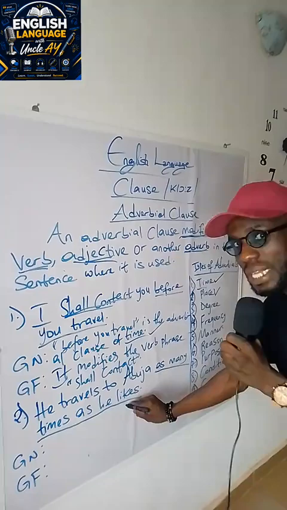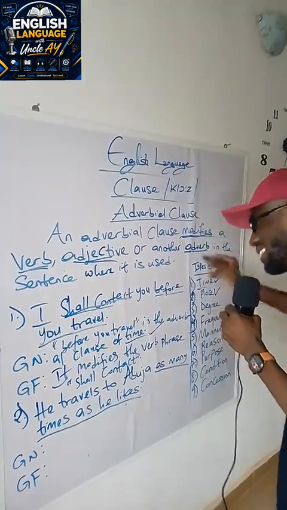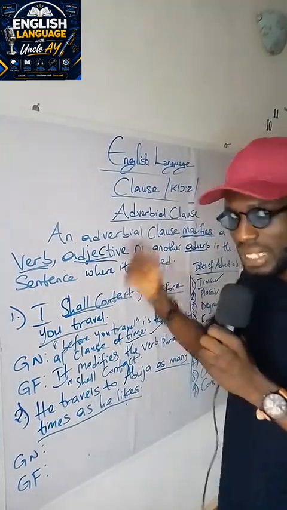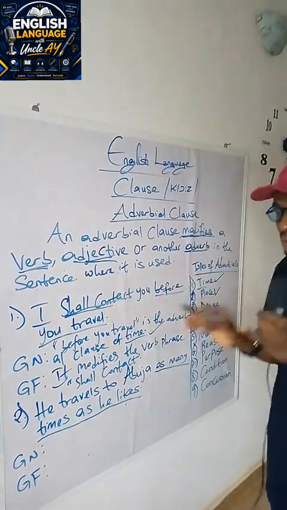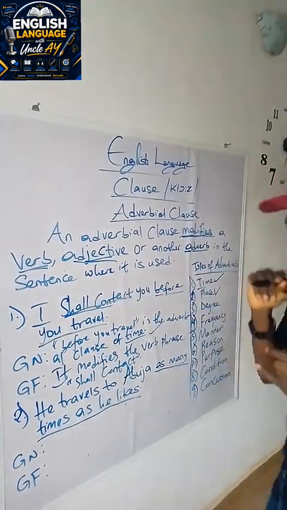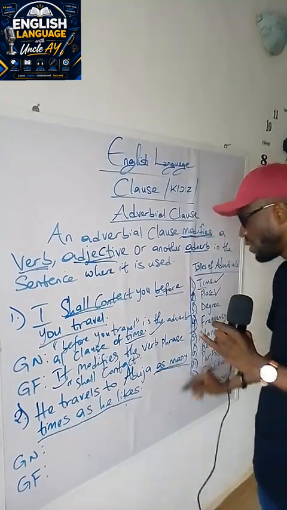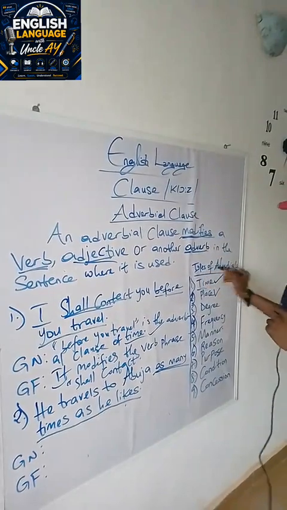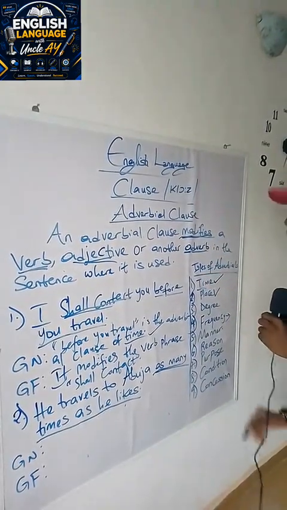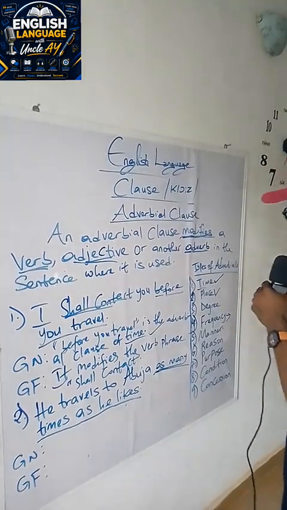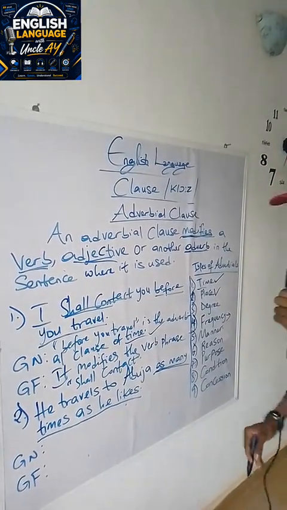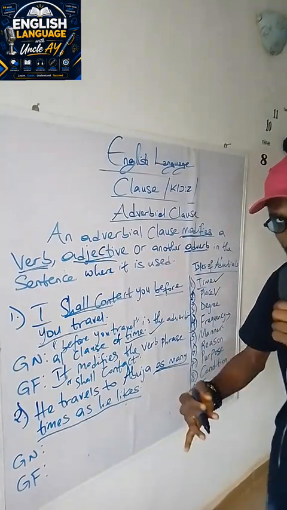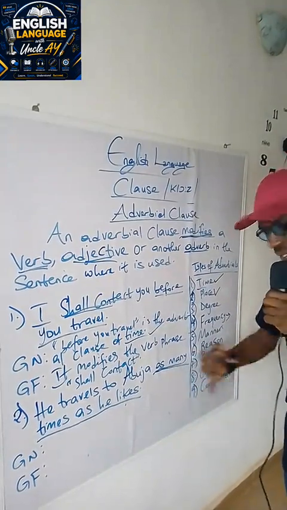So you can see that it possesses a finite verb, "as many times as he likes." So this particular expression gives the impression of an adverbial clause of frequency. Let's not forget I said an adverbial clause of frequency answers the question of how many times an action takes place.